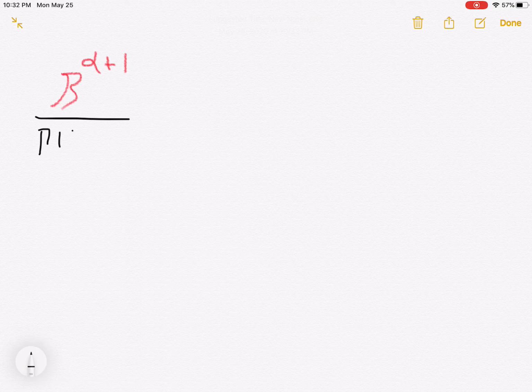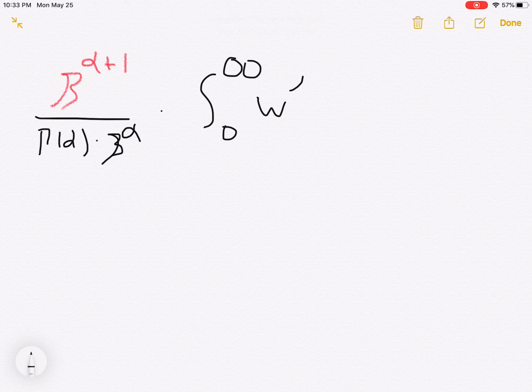And I'll have gamma of alpha, beta to the alpha, times this integral from 0 to infinity of w to the alpha minus 1 times e to the minus w.